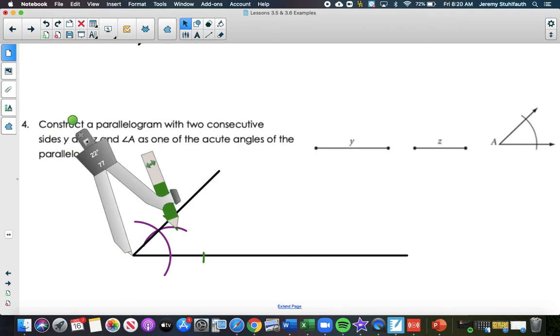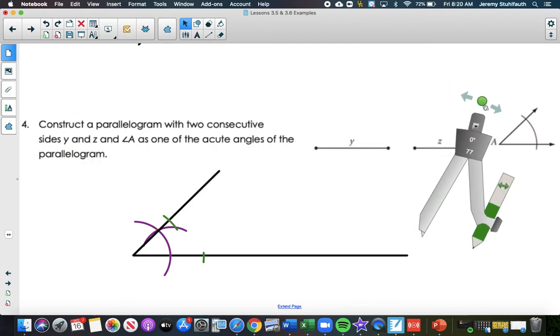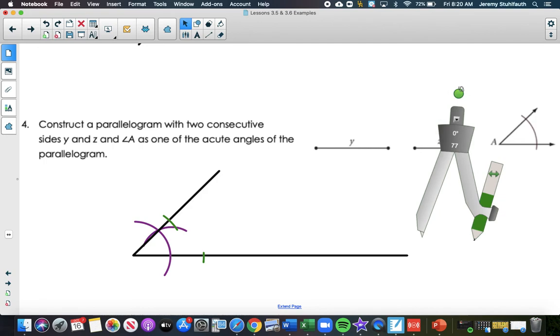Now, in order to create a parallelogram, we need to create a parallel line that passes through this point, parallel with this bottom line. We can't just draw it in freehand like that. We need to make sure that we have a way to figure out that line is actually parallel.